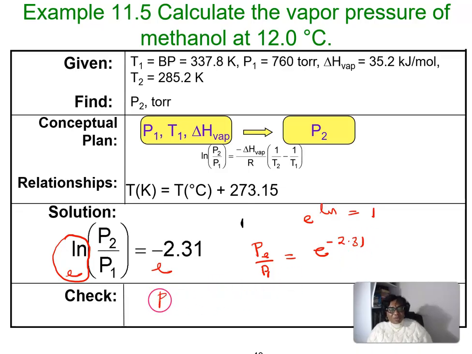So our P2 will be equal to P1 times e to the minus 2.31.